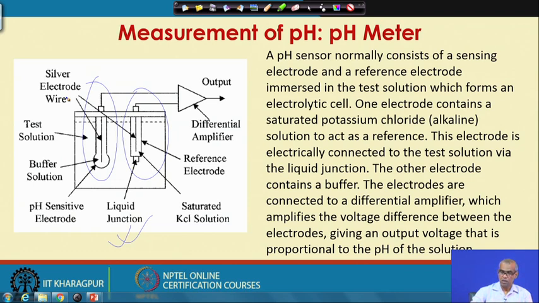The electrodes are connected to a differential amplifier, which amplifies the voltage difference between the electrodes, giving an output voltage that is proportional to the pH of the solution. So, according to the Nernst equation, the output, which is millivolt, the potential difference, is proportional to the pH of the liquid that is taken here.